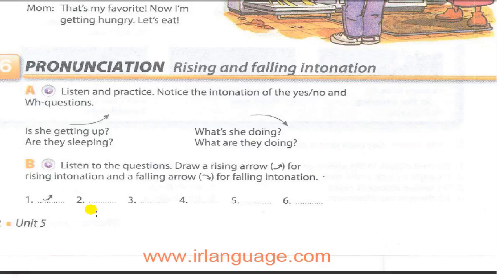What are you doing now? 3. What time is it? 4. Is it midnight? 5. What color is his t-shirt? 6. Are you from Thailand?